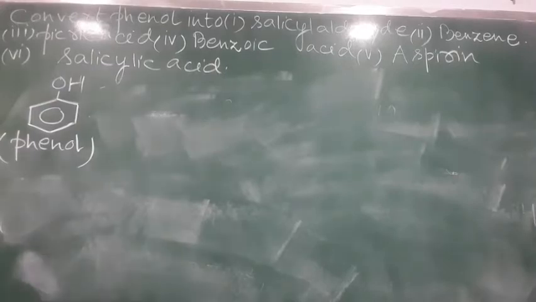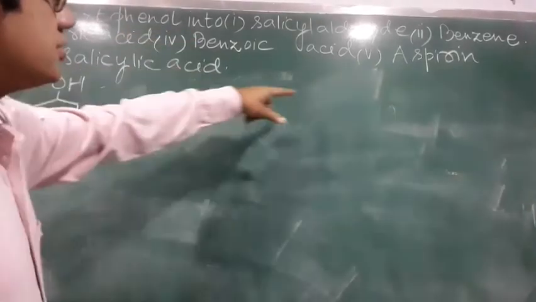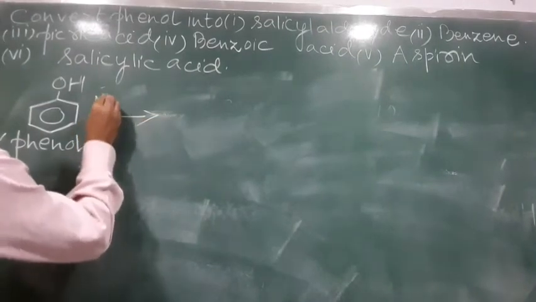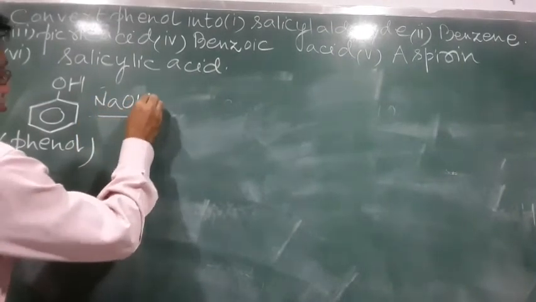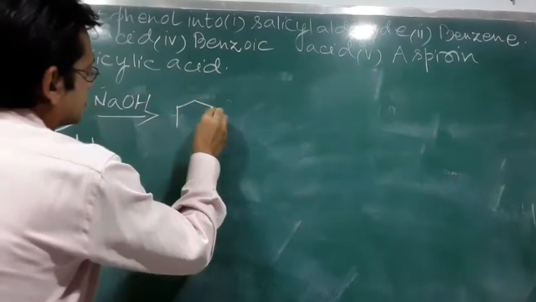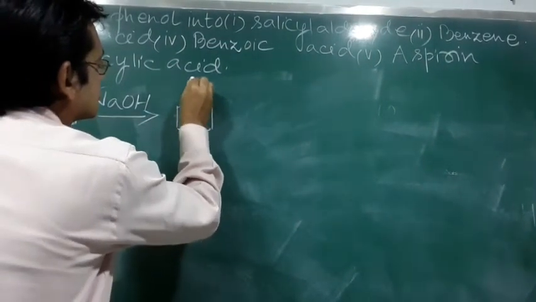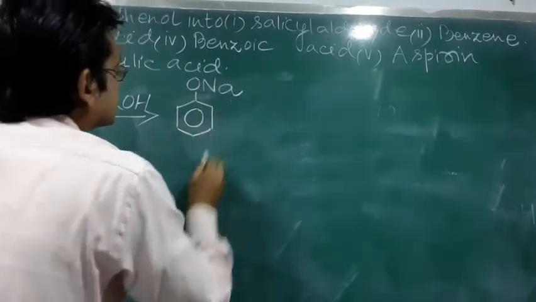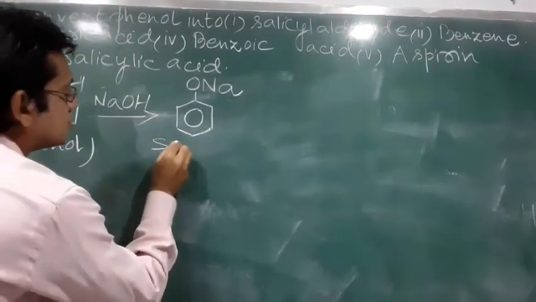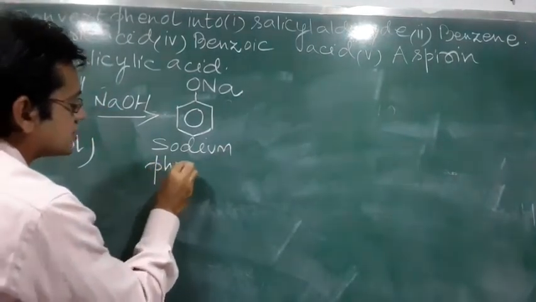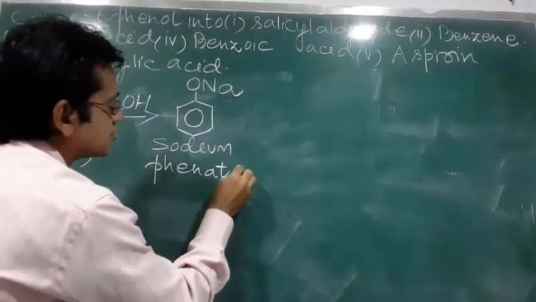Next, we will convert phenol into aspirin. So we will treat it with NaOH first. It is called sodium phenate.